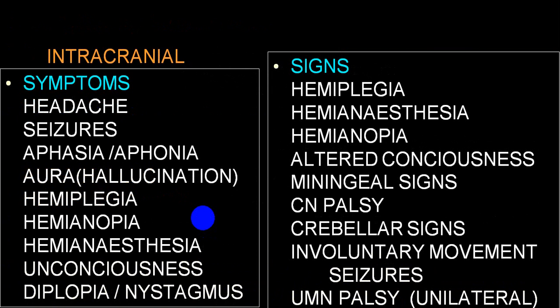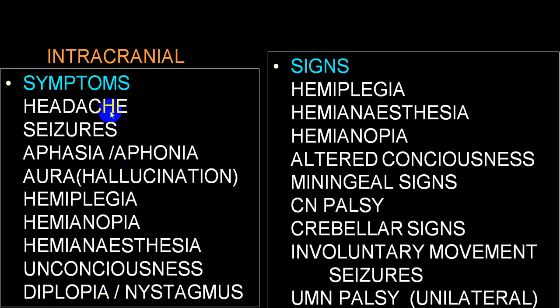Now, particularly when you want to find out whether it is intracranial or extracranial, this slide will be very helpful. A person in whom you get these symptoms and signs, this will tell you intracranial: headache, seizures, aphasia, aphonia, aura or hallucination, hemiplegia, hemianopia, hemianesthesia, altered level of consciousness, drowsy, stupor or deep coma, diplopia, nystagmus.